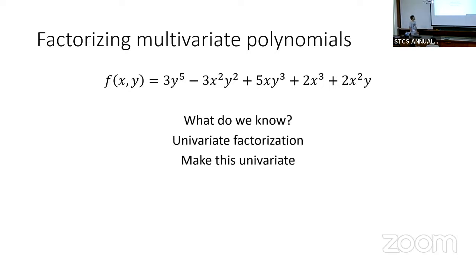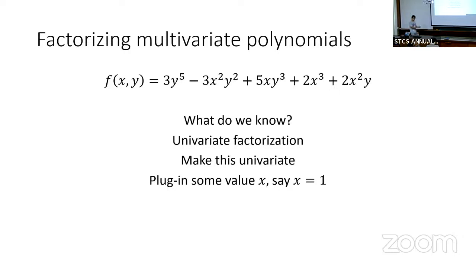And how can I make this univariate? One way is you just set one variable to be some value. Let's say you say, okay, I'm going to set x to be equal to 1. Now suppose you set x equal to 1, and the new polynomial that you get turns out to be irreducible. We know how to factorize univariate polynomials.